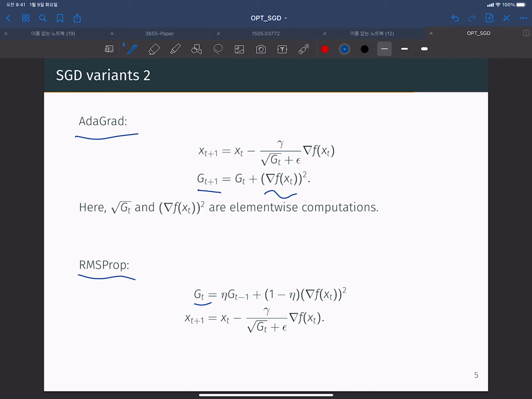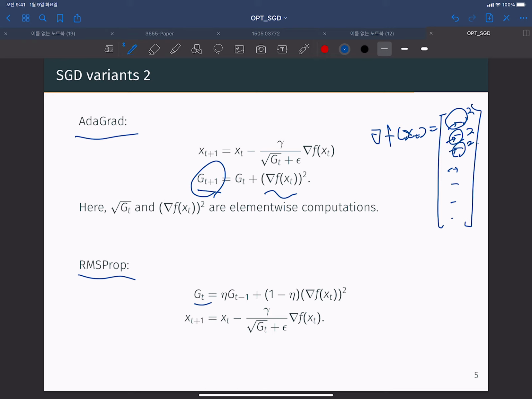So every time you compute the gradient vector of f at x_t, which has all the partial derivative values with respect to each parameter, the g_t vector computes the square of each element, and then cumulatively adds the square of the gradient vector every time. Okay, AdaGrad just adds up, and RMSProp uses a moving average.